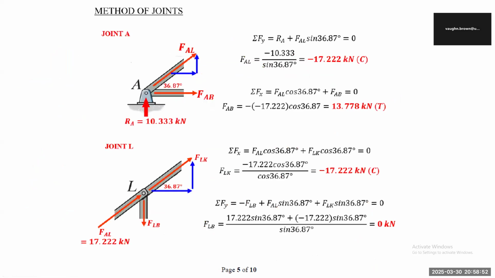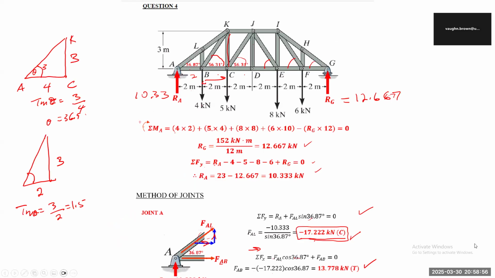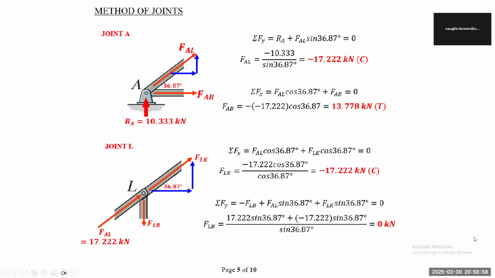All right. The next one they're trying to find now is that one, the giant. Okay. So the second one now, you're trying to find the members going into this joint.